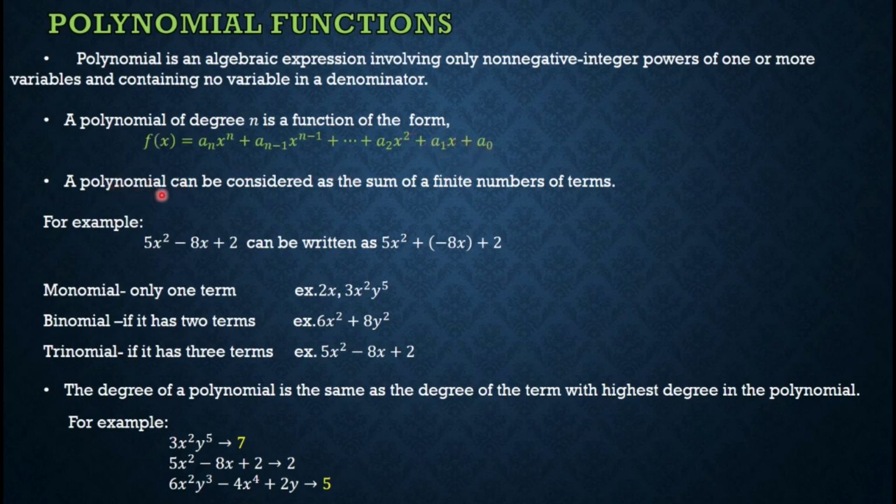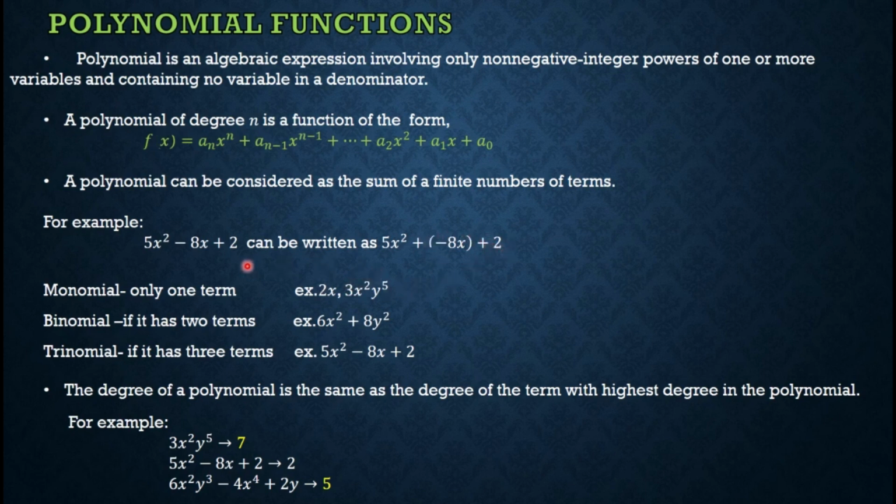So, a polynomial can be considered as the sum of a finite number of terms. For example, 5x squared minus 8x plus 2 can be written as 5x squared plus the quantity of negative 8x plus 2. So, this is a term, this is a term, and this is another term.